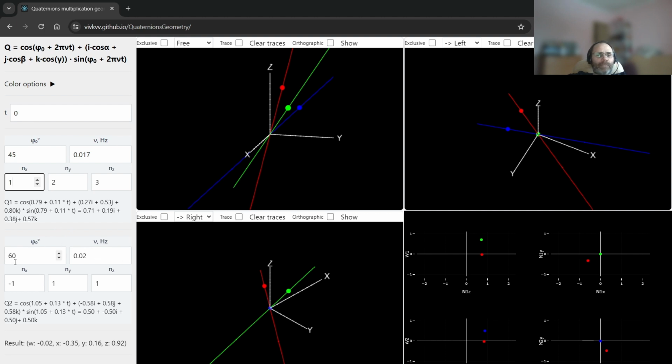Next, you can see the same for the second quaternion: the same phi, frequency, and components of directional vector. And here we can see the result of multiplying those two quaternions. It's q1 multiplied by q2.